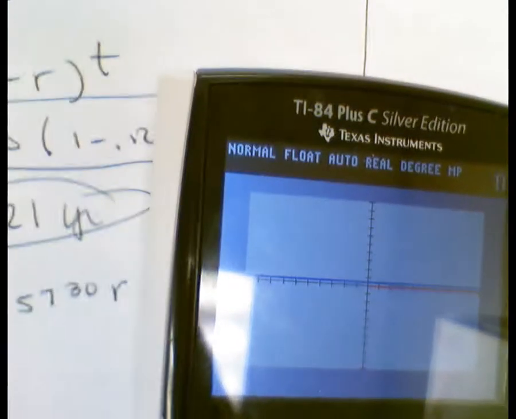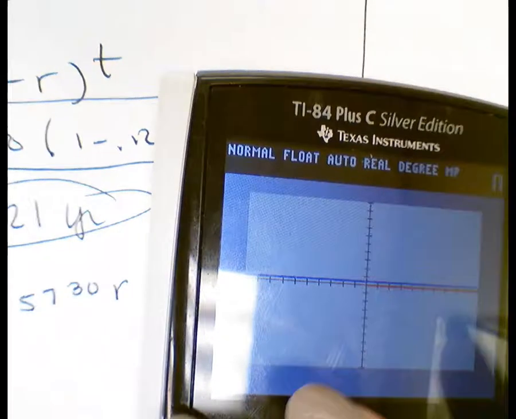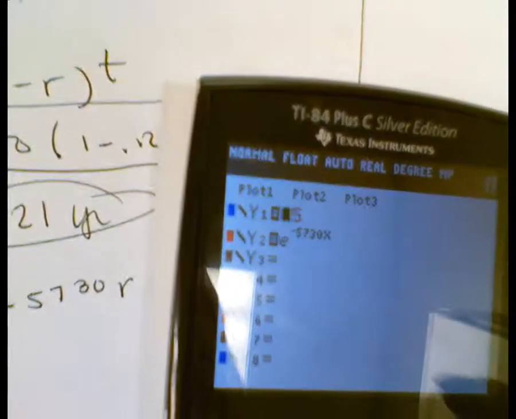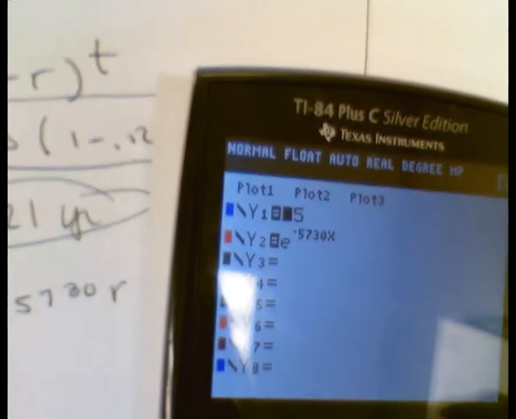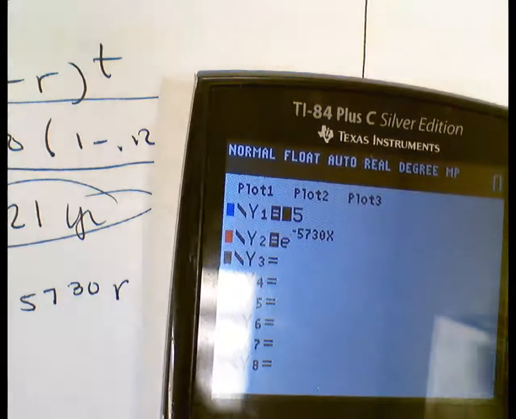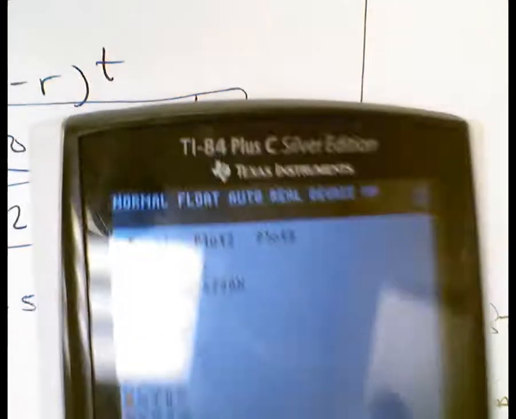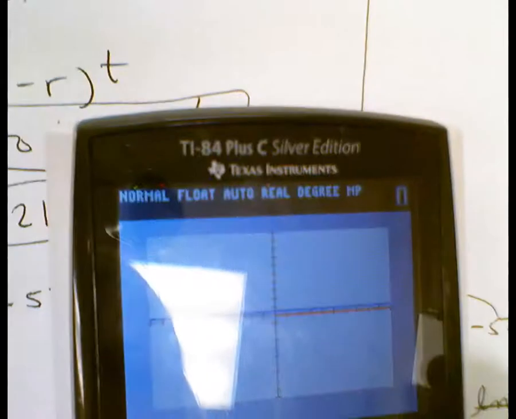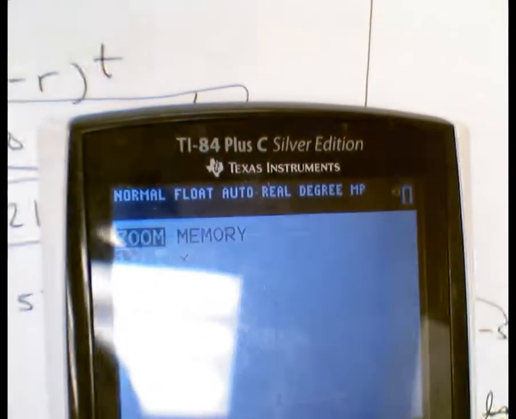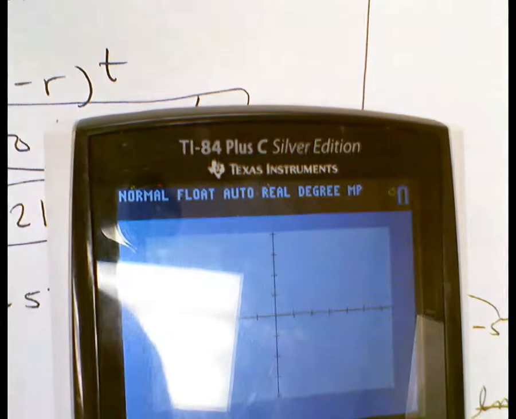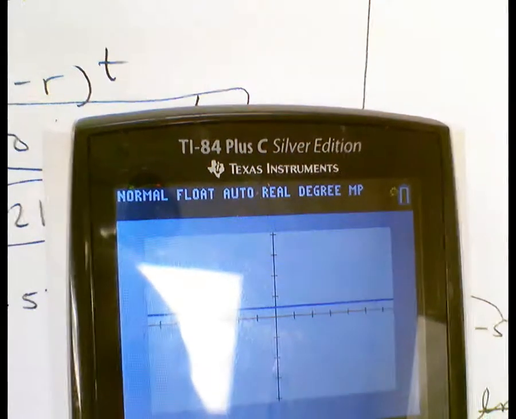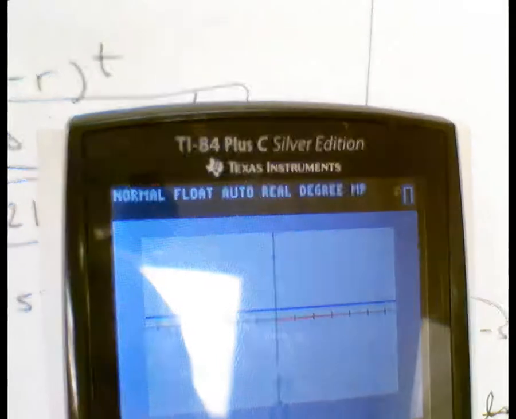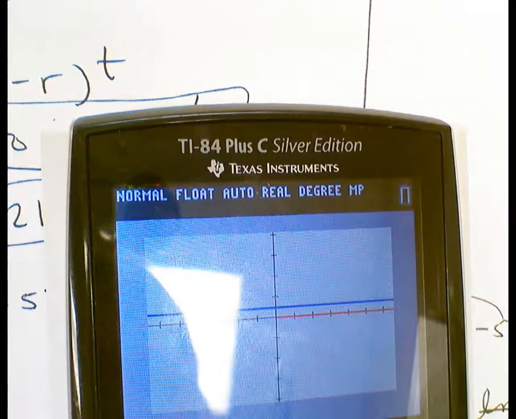Oh my gosh, I don't see anything happening here. Did I not graph this right? I think it's so small. I'm going to zoom 4. I don't see these touching.